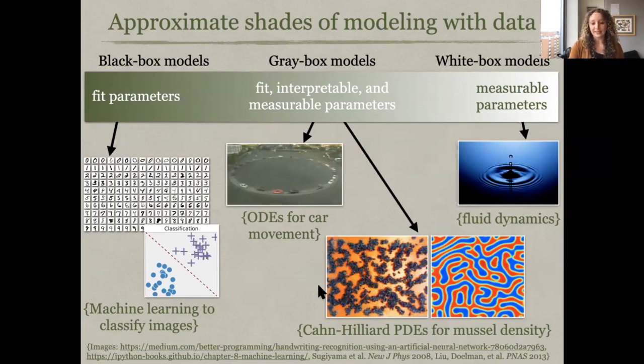Another example is muscles that have arranged in patterns, and here they're showing that you can replicate this pattern formation process using Cahn-Hilliard partial differential equations for the muscle density. Some of the parameters in these systems are related to muscle measurements. And then finally, the white box models would be models where we basically know what the equations are and can pretty much measure all the parameters, things like fluid dynamics and the Navier-Stokes equations.